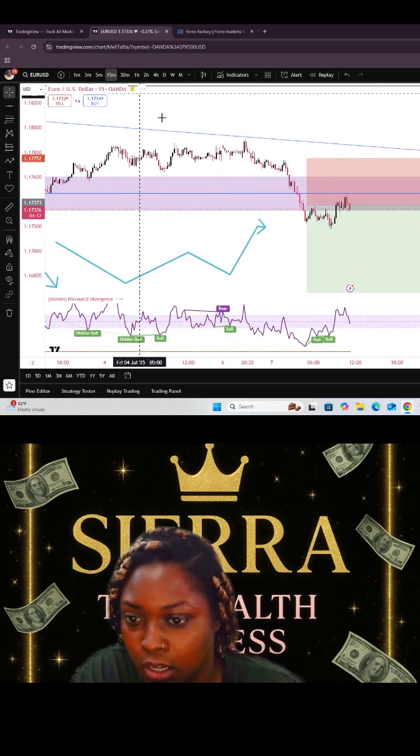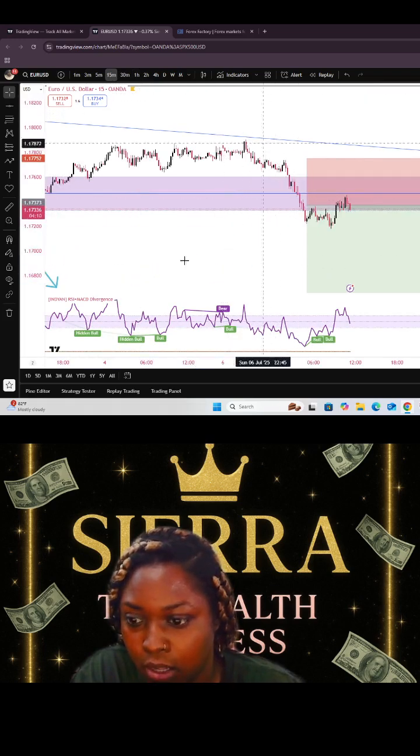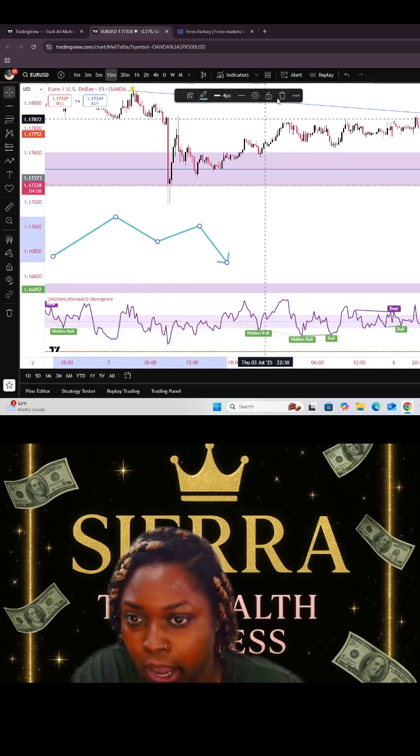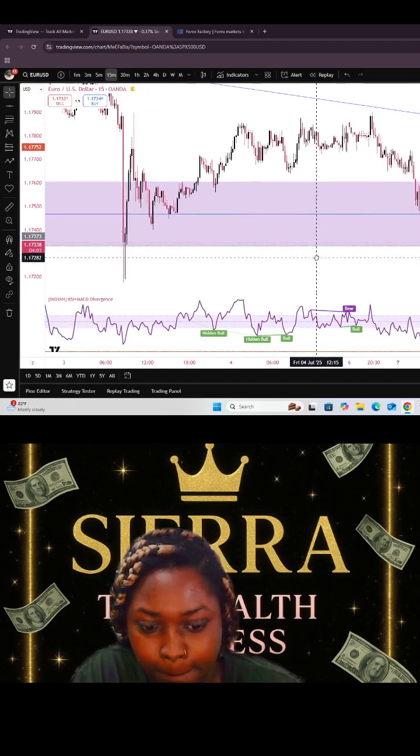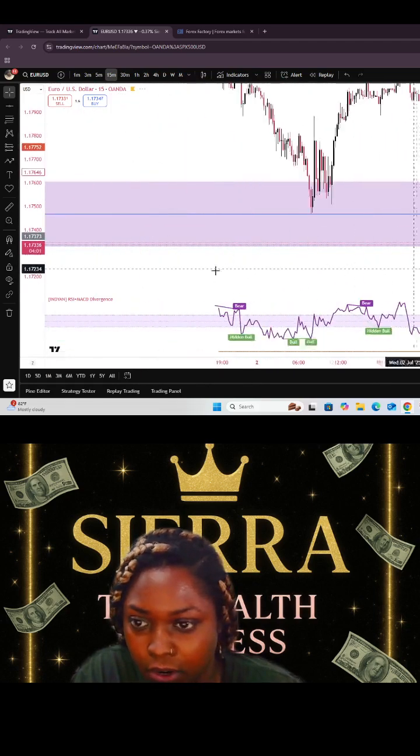Divergence is when price is doing one thing on the indicator and another thing on the chart. So let's see if I can find divergence.